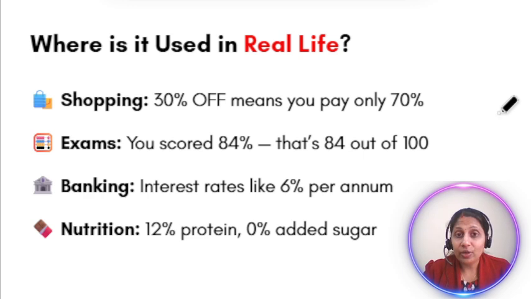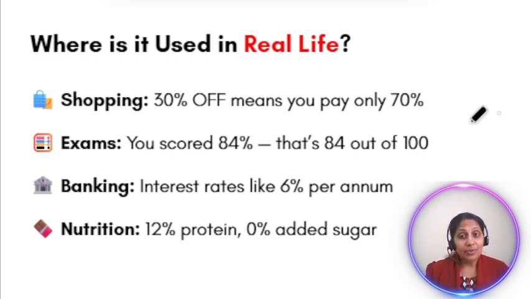Say for example, if you're getting a biscuit pack, if you see the backside of it, they would have written something called nutrition facts, which includes 12% protein, 10% sugar, 0% fat, right? So all these are percentages. So knowingly or unknowingly, we are using percentage everywhere in our day-to-day life.